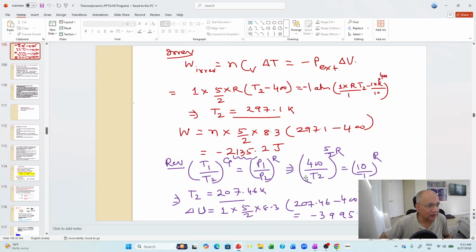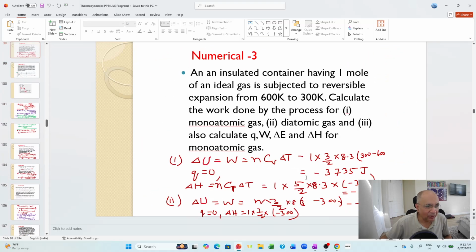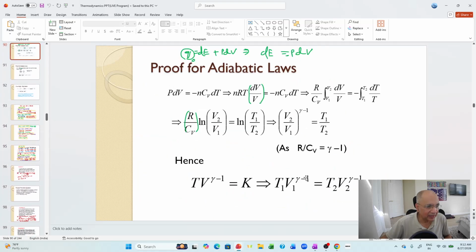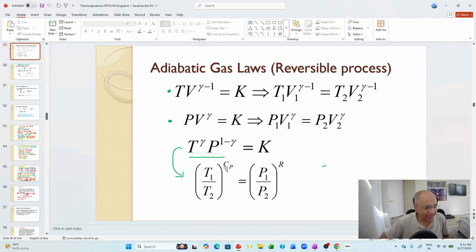This is second law; we will be finishing first law today. T1 by T2 to the power Cp, write down that. This you have written, this you have written, but here the most useful equation is, remember this.